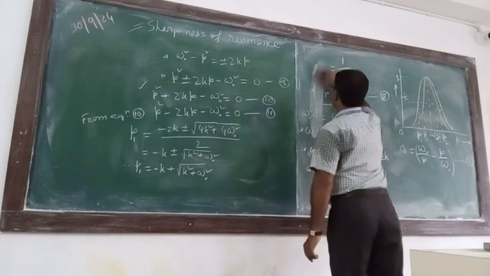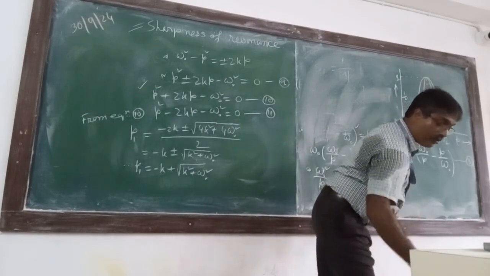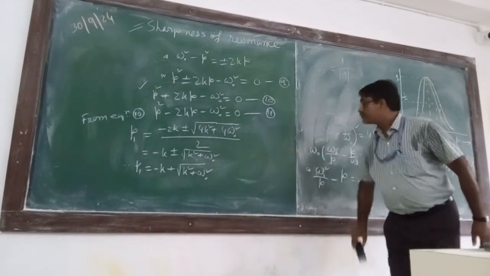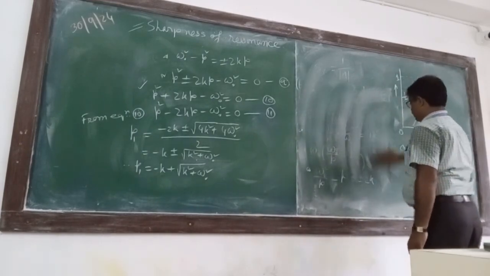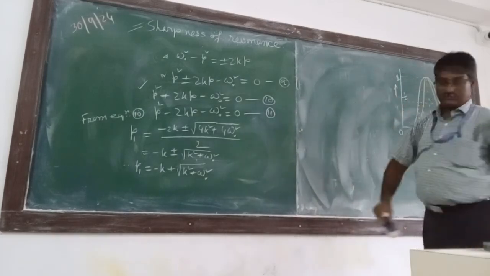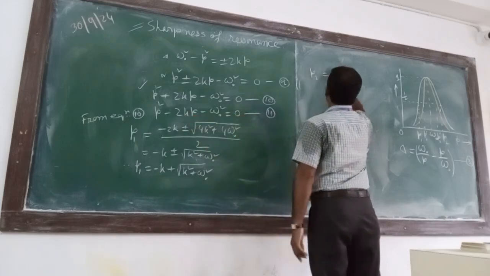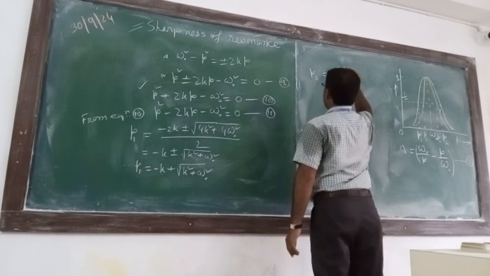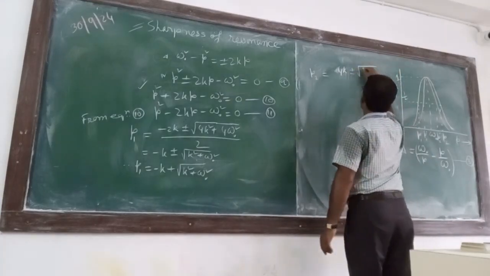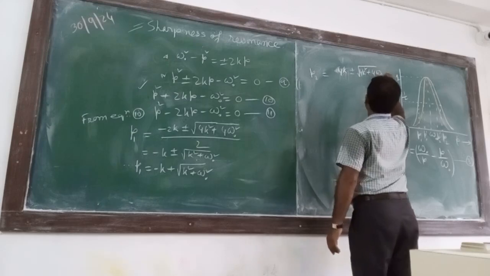Similarly, from equation 11, what is the value of P2? From equation 11, we get P2 equals 4k plus or minus root over 4k square plus 4 omega naught square, by 2.